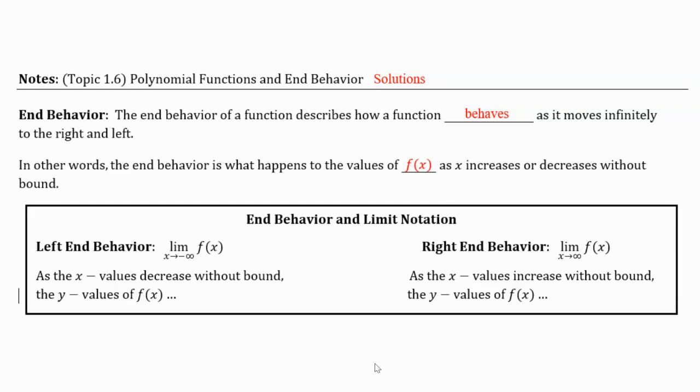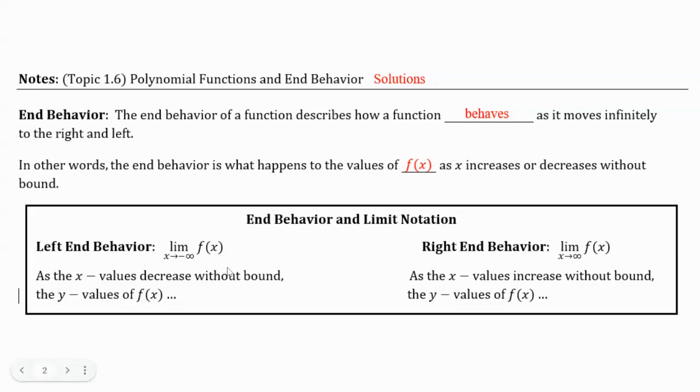You have been finding the end behavior for quite some time now. You did it in Algebra 2, but you may not have used the words increase or decrease without bound. Instead, you probably talked about the x values approaching negative infinity and the y values approaching positive infinity.